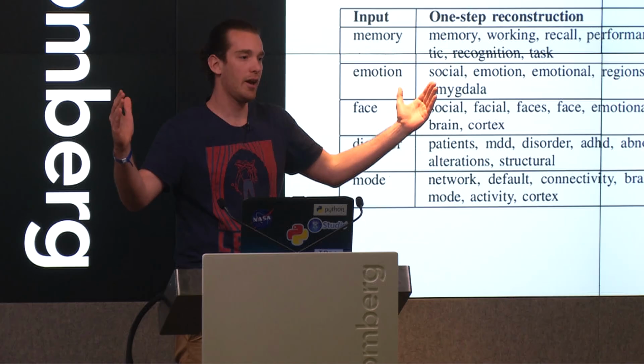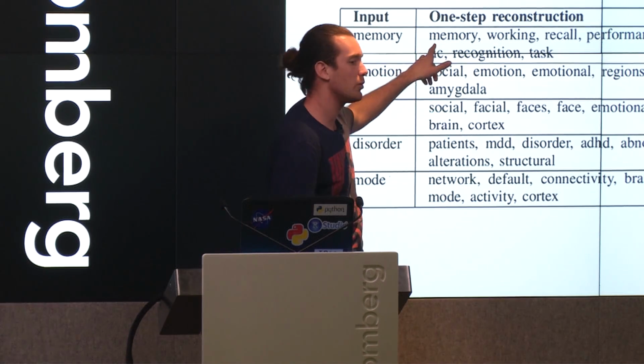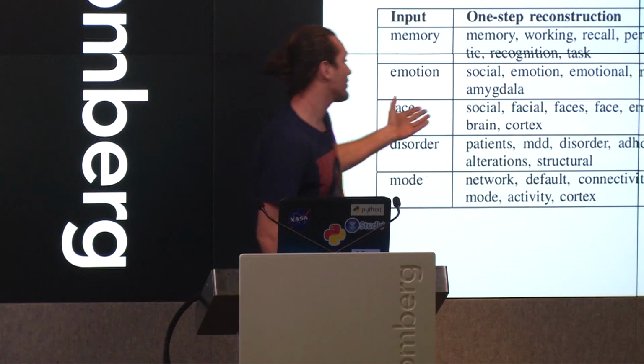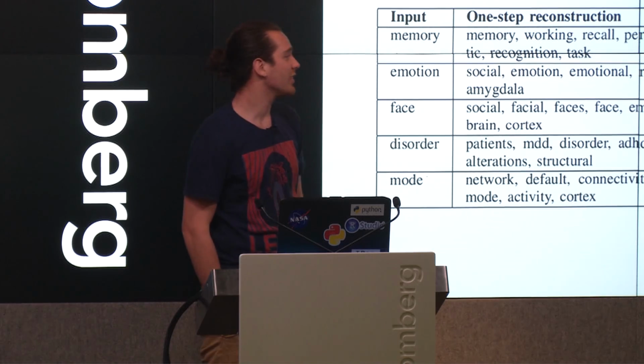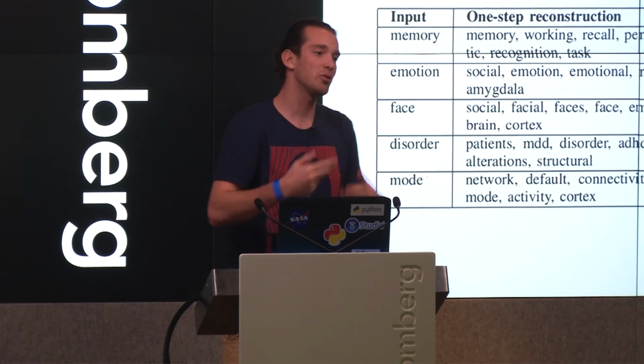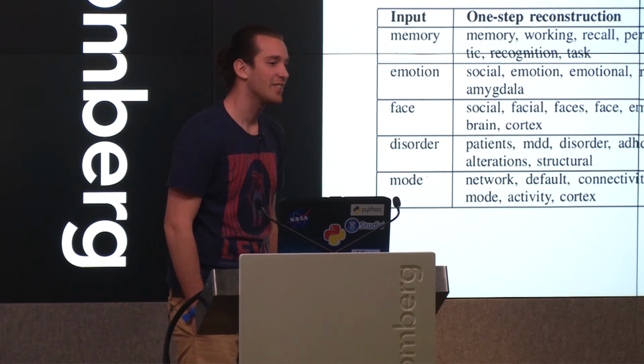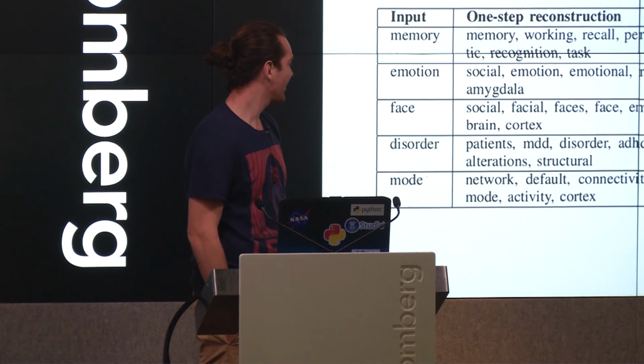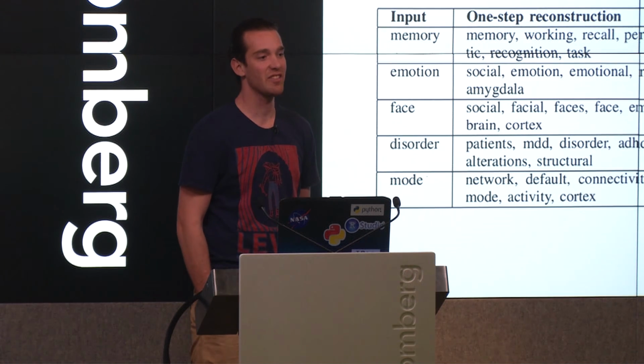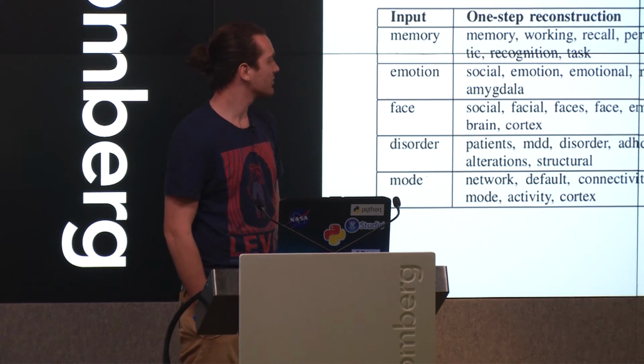So memory was the most strongly associated word with memory. So why is face not the most strongly associated word with face? It's not always the case that the same word should be the most associated with itself. Because I'm the most strongly associated person with myself. Yeah, you're right. I guess I don't really have a good answer for you for that.